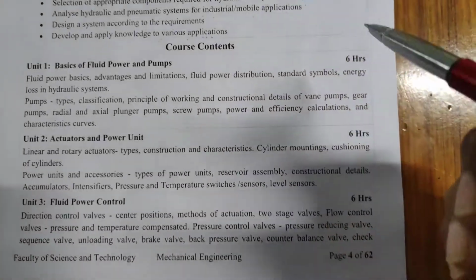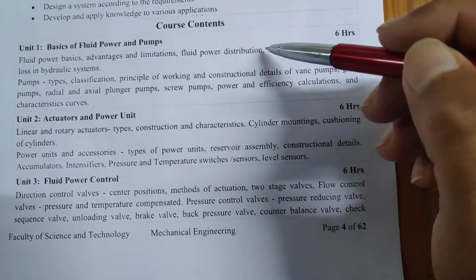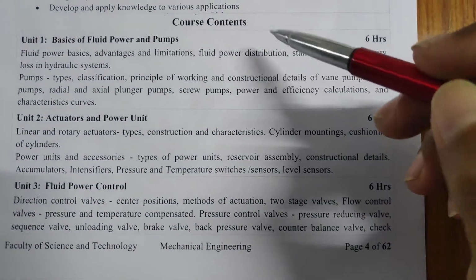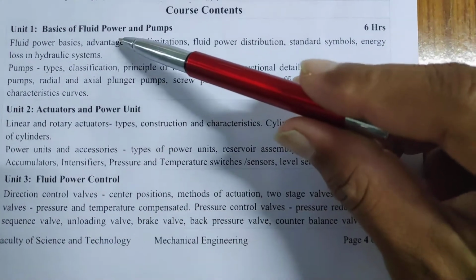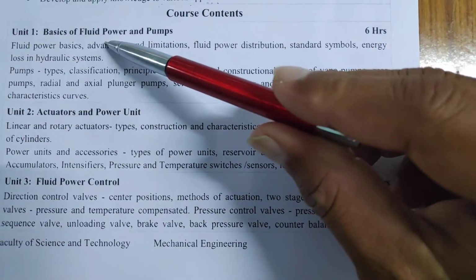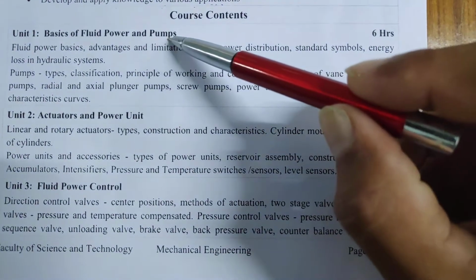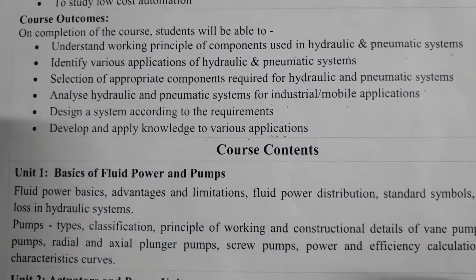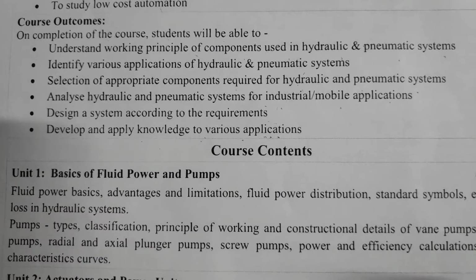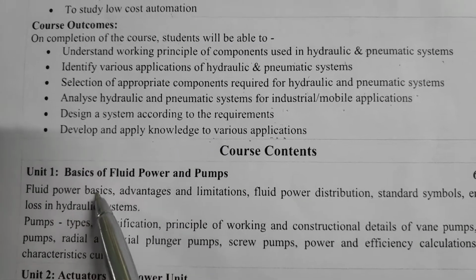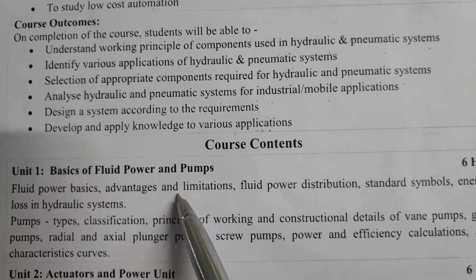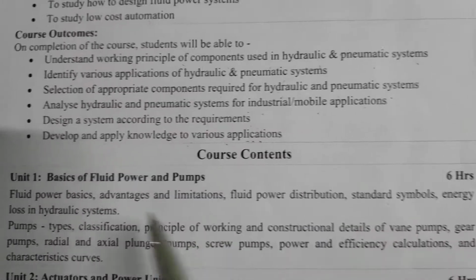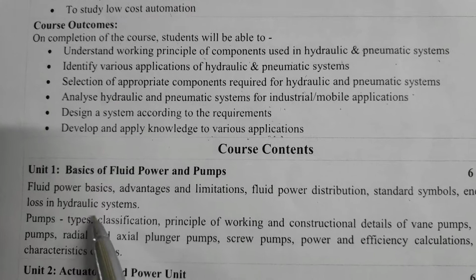Now we'll go ahead. These are the course contents for this syllabus. Unit number 1 is basics of fluid power and pumps. In unit number 1, the fluid power basics include advantages and limitations, fluid power distribution, standard symbols, and energy loss in hydraulic systems.